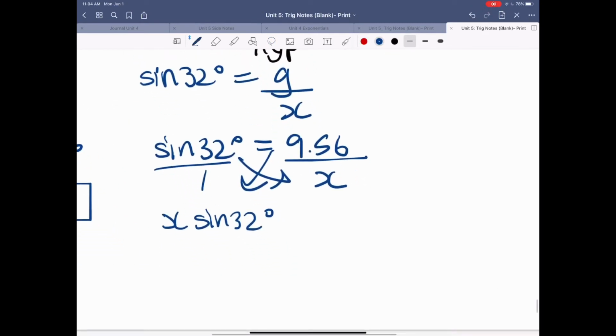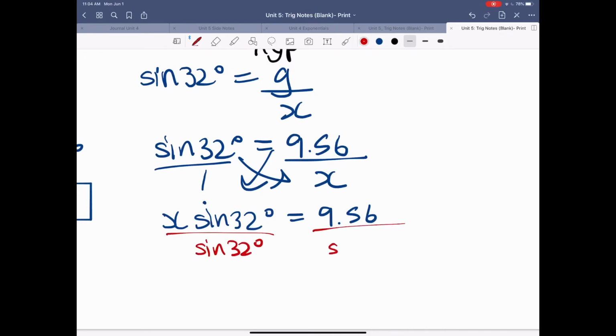By the way, it's very bad form if you put this x after sine 32, unless x is part of the sine input. The coefficient has to be in front of the function, okay? So always put that x, or any number, in front of sine, whatever that input is. And so I'm going to divide by sine 32 degrees. And x is equal to approximately 18.0 centimeters.